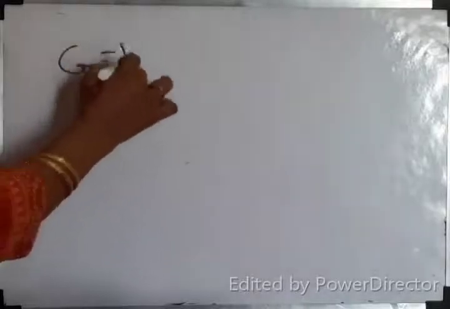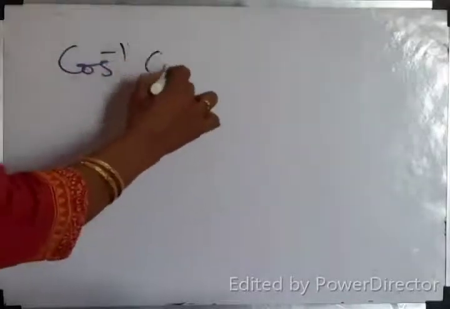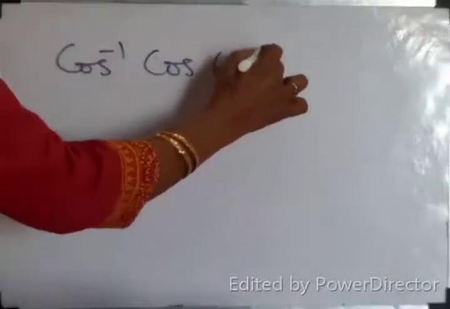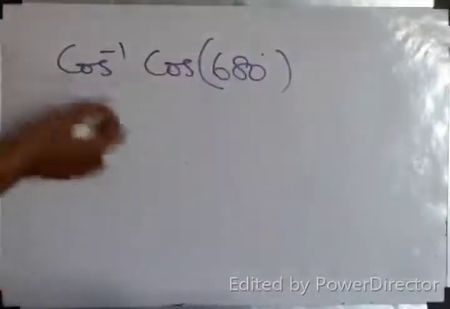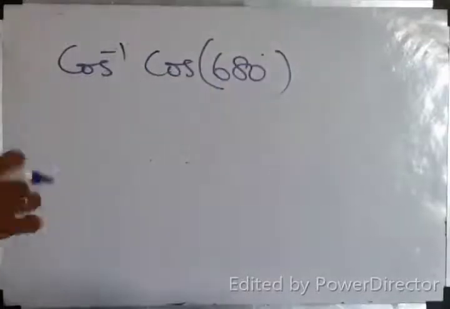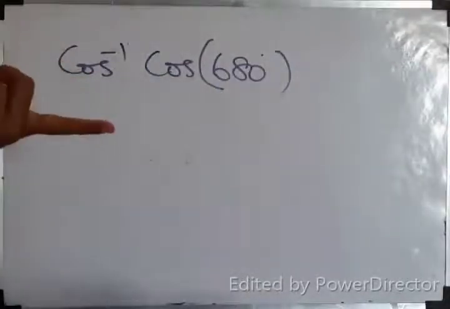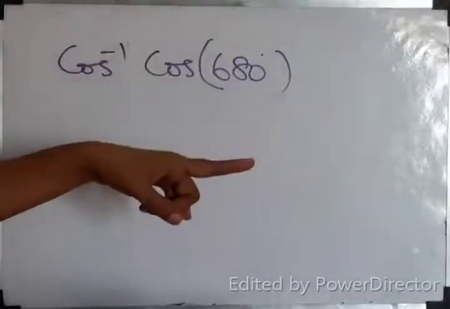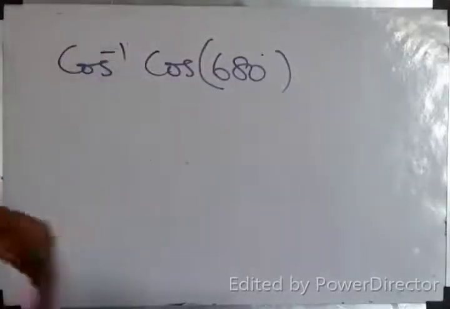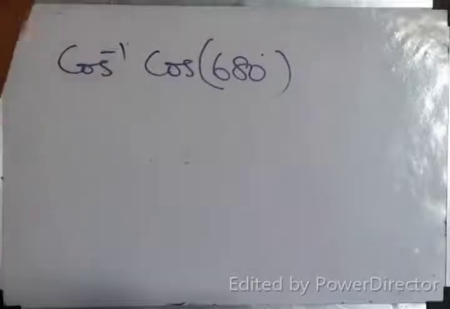Suppose one more question, definitely in this you will get the idea. Cos inverse cos 680 degrees. You can't write 680 degrees as the answer, that is wrong. Why? 680 is not within the limit. If you write 680 degrees, then it is not a function, so the topic itself is wrong.